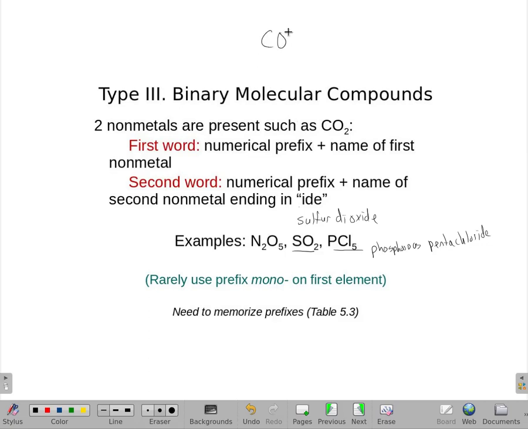Like this guy, CO gas, carbon monoxide. We typically stress that because we all know what carbon dioxide is. That's just what we exhale to lose some of our carbon buildup. Carbon monoxide is a poisonous gas that happens when cars don't fully burn their gas. So there is a drastic difference. And that's why most of the time we don't use mono.